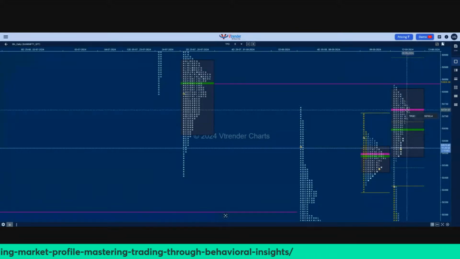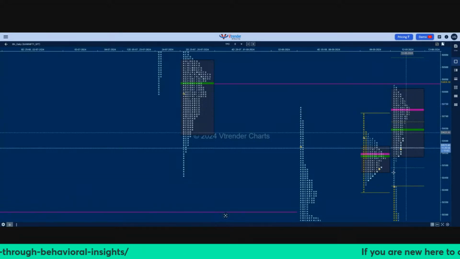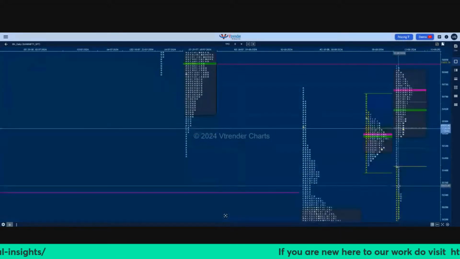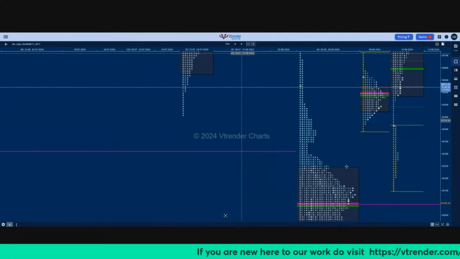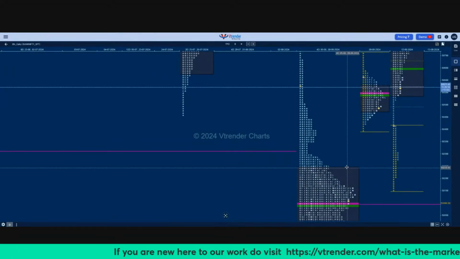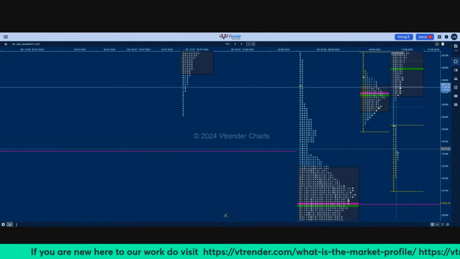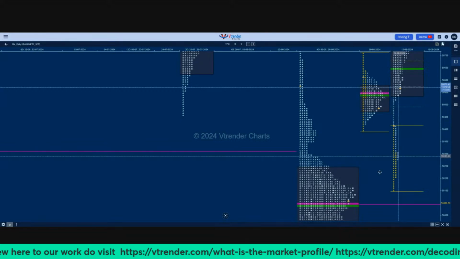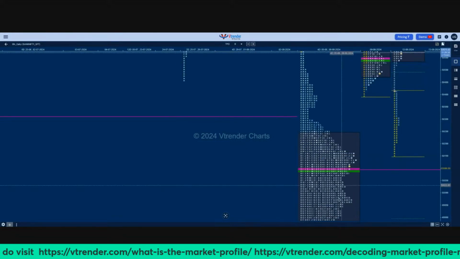But the first reference on the upside would be this 5732. On the downside, if this extension handle gets negated, then we are looking to get back into this value and complete that unfinished 80% rule.